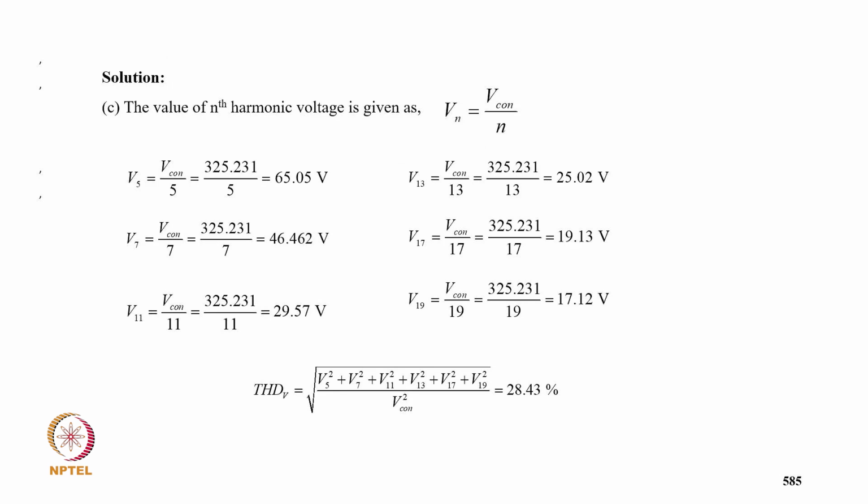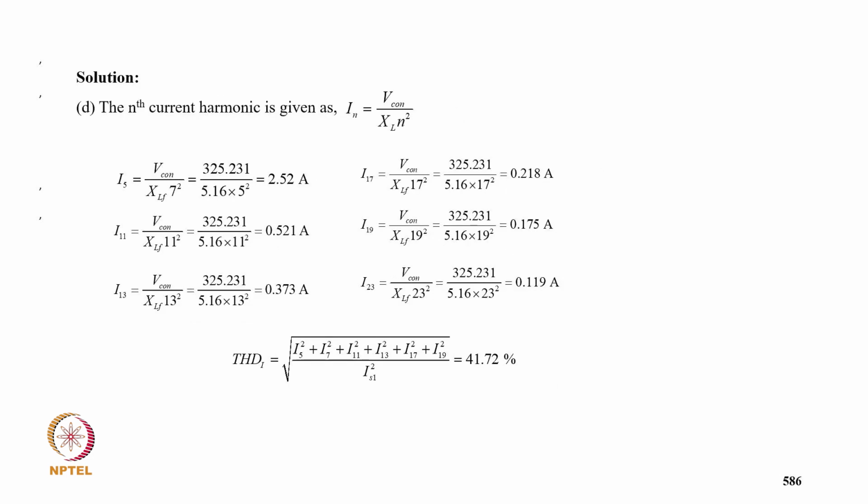The value of the nth harmonic is V5 equal to V converter by 5. So this comes to 365 volt, V7 is V converter by 7, it comes to 46.46, V11 is V converter by 11, 29.7, and V13 comes to 225, V17 comes 19%, V19 comes 17 volt, and THD of voltage is the square root of V5 square, V7 square, V11, V13, V17, V19 square over V converter, that is 28.41%.